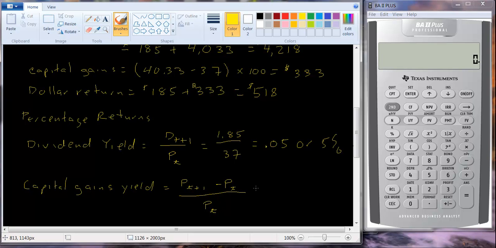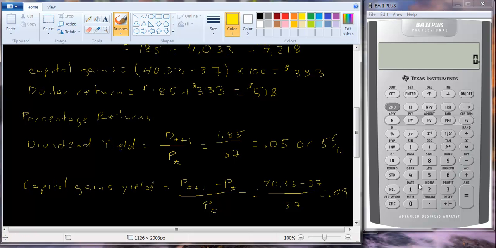So again, we can just do this using the prices we paid for it. So we said, what, $40.33 minus 37, divided by 37, and we're going to get 0.09, I believe.